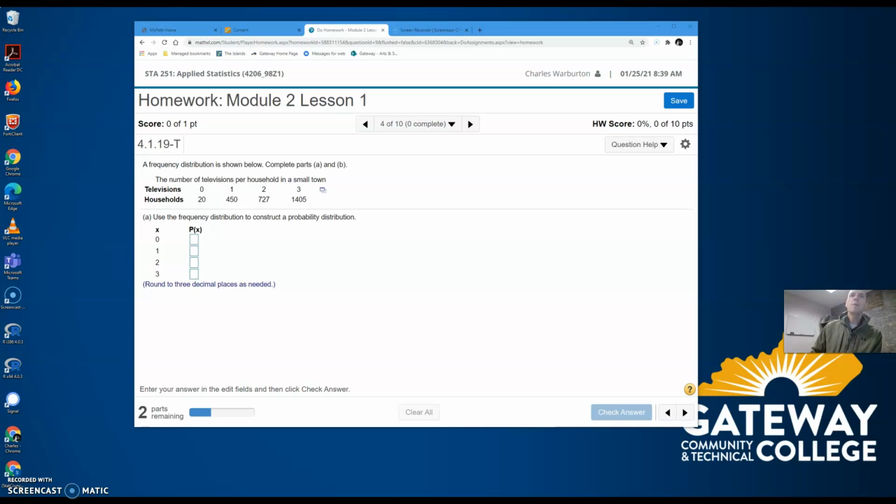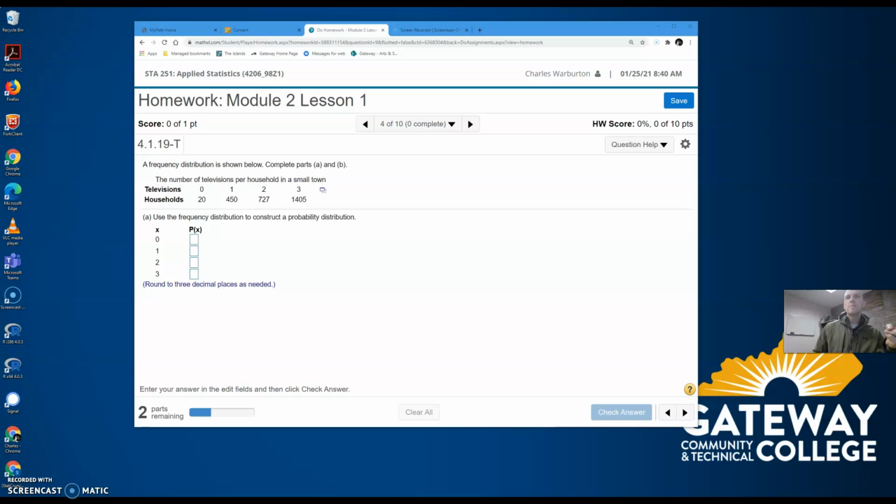Remember, this comes from population data, so we are getting a parameter from our population. A parameter is just a numerical description about a population. So the probability distribution looks at different variables, and it looks at the possible outcomes with their corresponding probabilities.